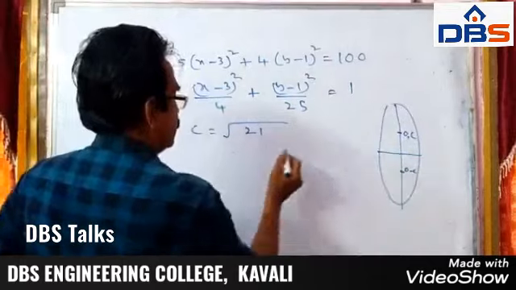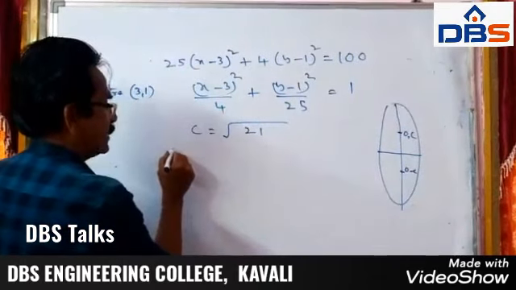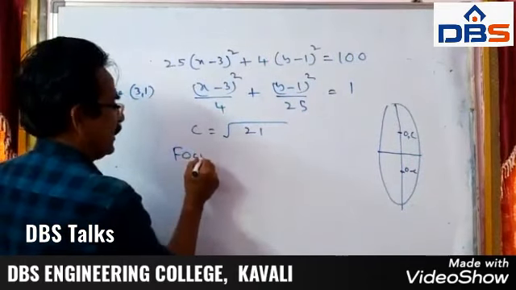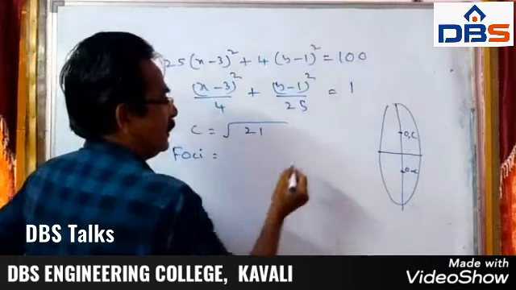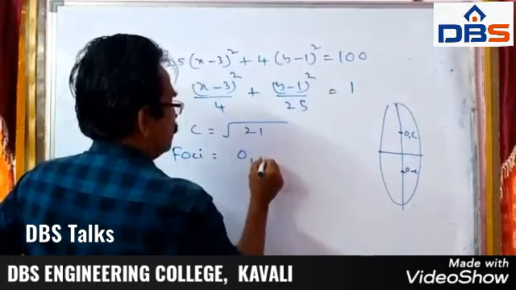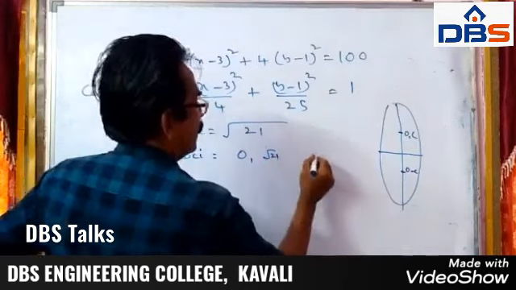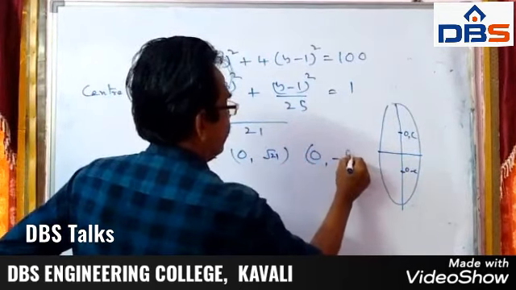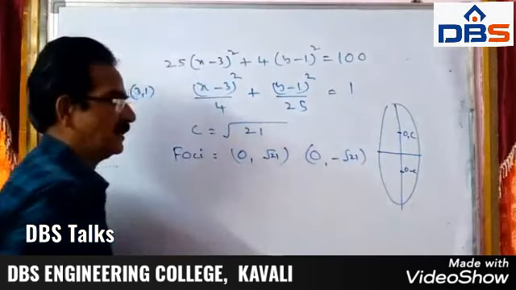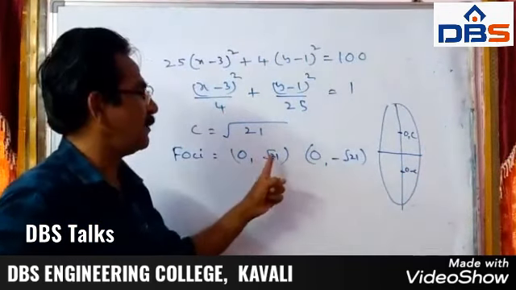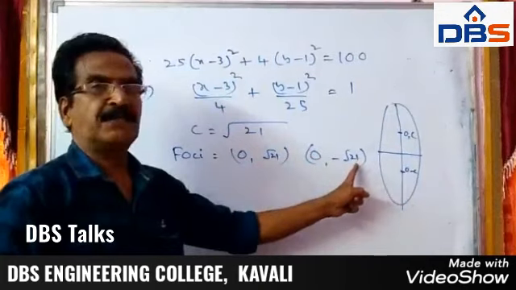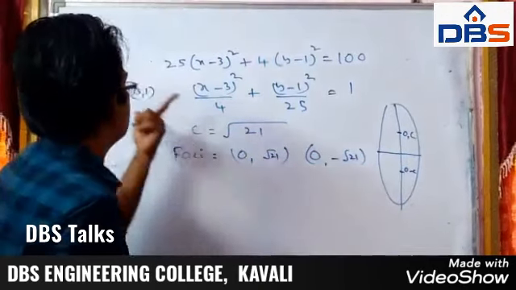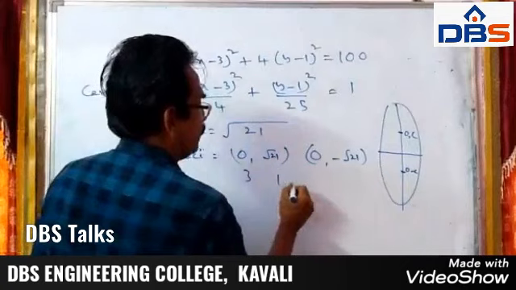Now our coordinates are (0, root 21) and (0, minus root 21). These are the foci relative to the center. We have to add the center, 3, 1.